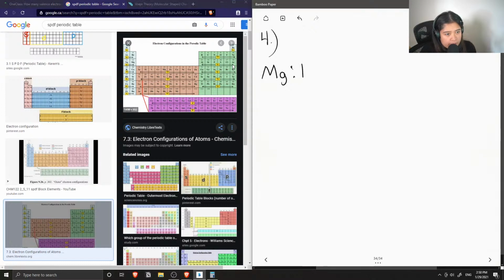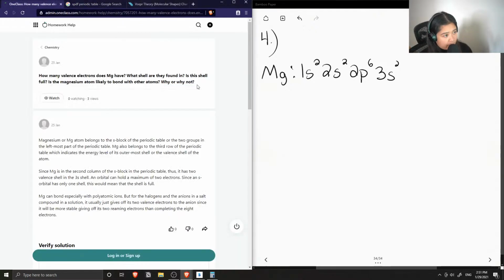Starting from hydrogen, we write 1s2, and then 2s2, and then moving across to the p block, we write 2p6, and then we found magnesium here, so we just need to write 3s and then 2. So we can see here that there should be 12 electrons in total, which there are. And the question asks, how many valence electrons does magnesium have?